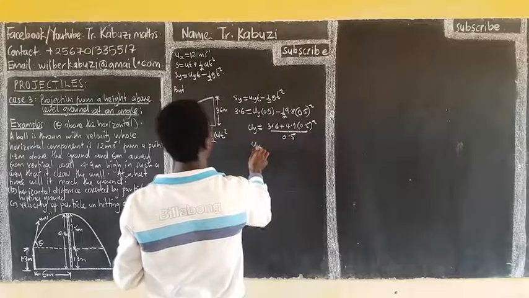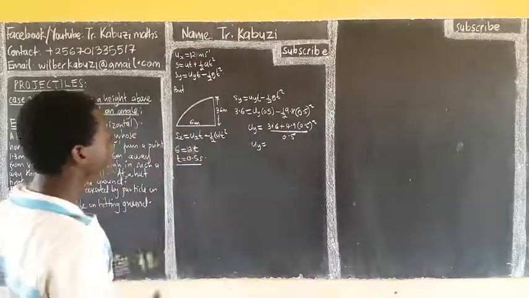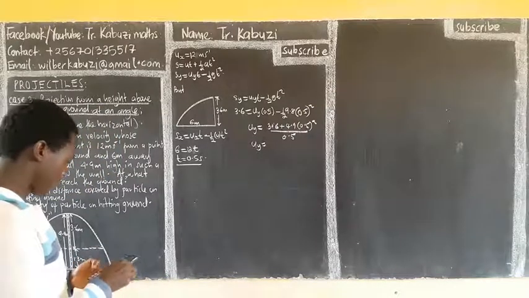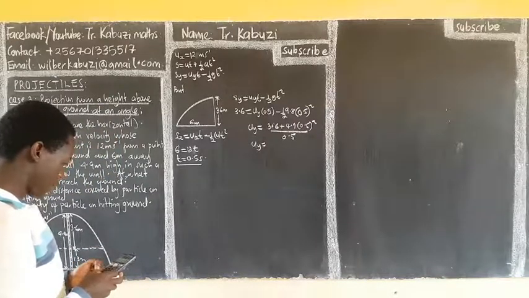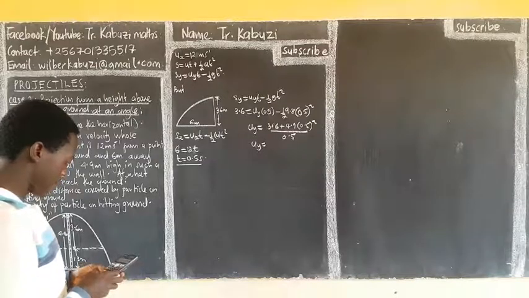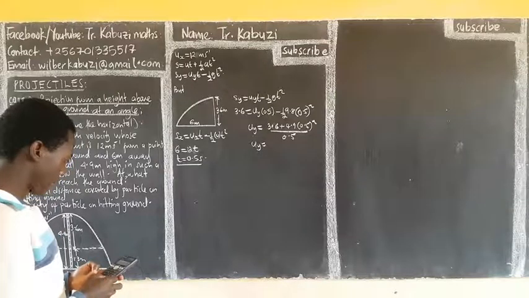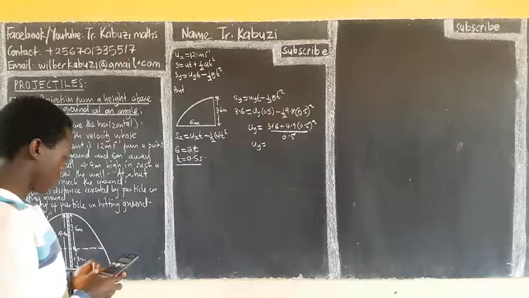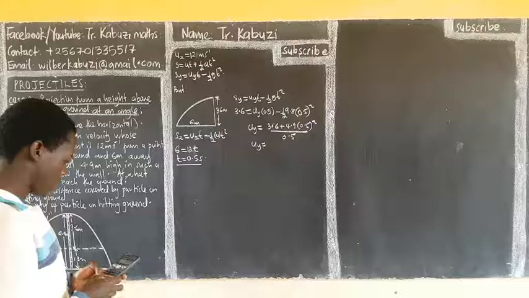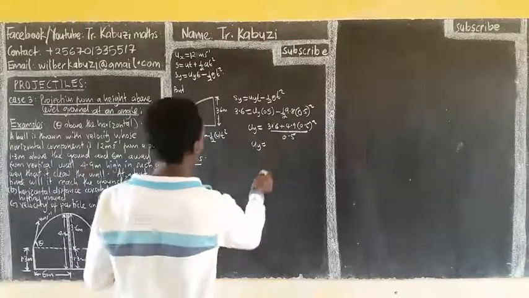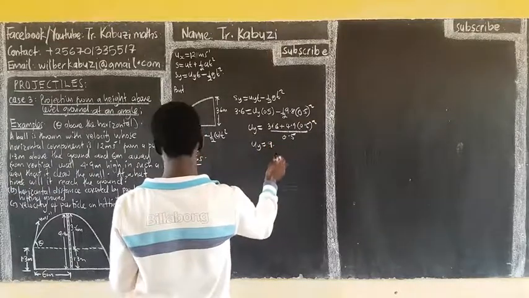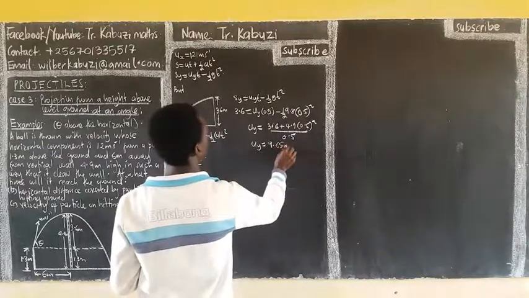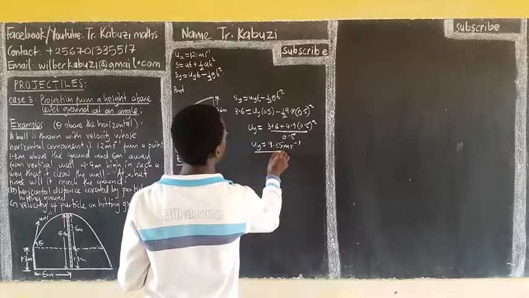So my uy will be equaling to 9.65 meters per second. Now this is the horizontal component.